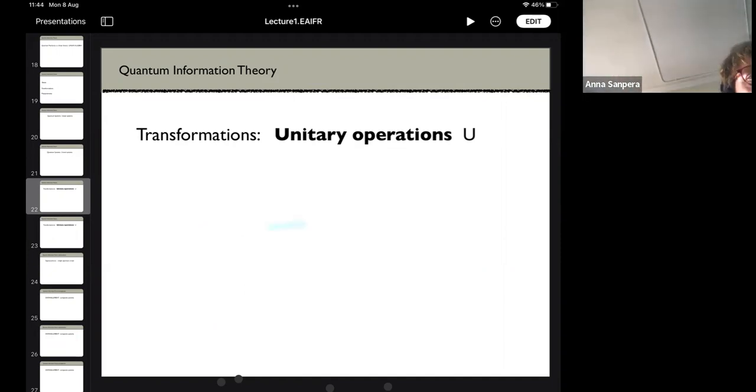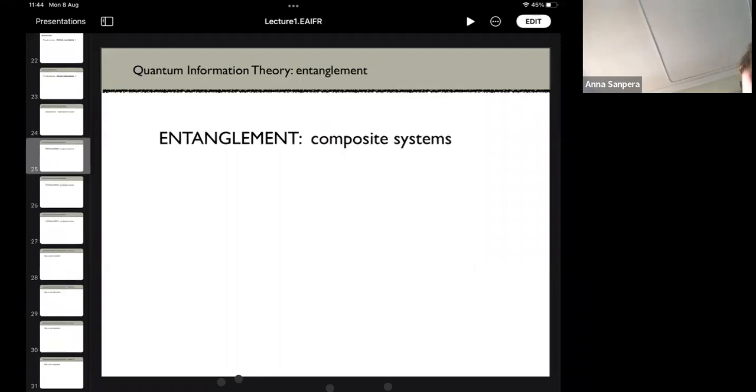So if we want to go to this superposition entanglement. Okay, so entanglement is something that depends on composite systems. So this is fundamental.